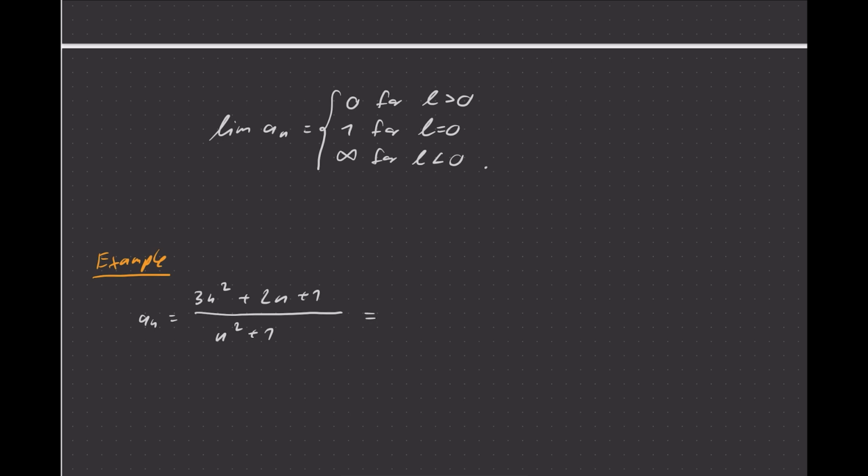So what we'll do is we'll search for the highest power of n. In that case, that is n squared here and n squared here. So the highest power that appears is n squared. And we factor that out. So we factor out n squared in the numerator and also in the denominator.